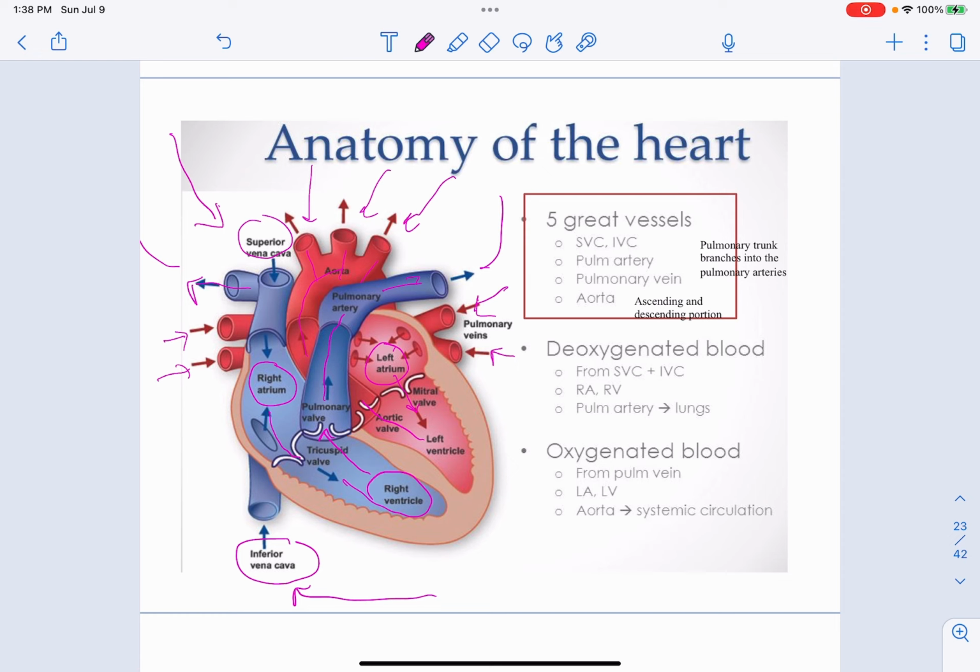All right, so we just talked about these 5 greater vessels. I just introduced you to them. You have the superior vena cava, the inferior vena cava. We talked about the pulmonary artery, which heads to the lungs and comes back to the pulmonary veins, and then out the aorta.